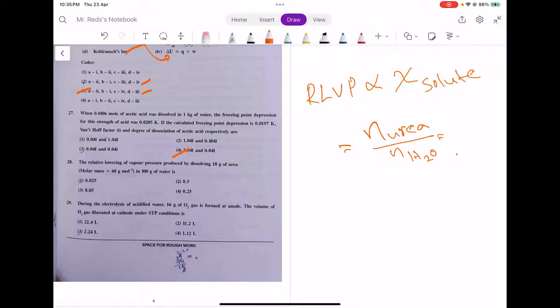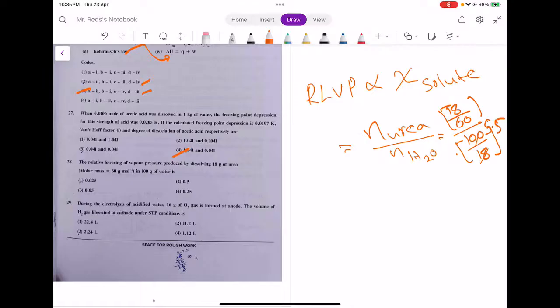Number of moles of urea is weight by molecular weight, 18 grams by 60. In 100 grams of water, it is 100 by 18.